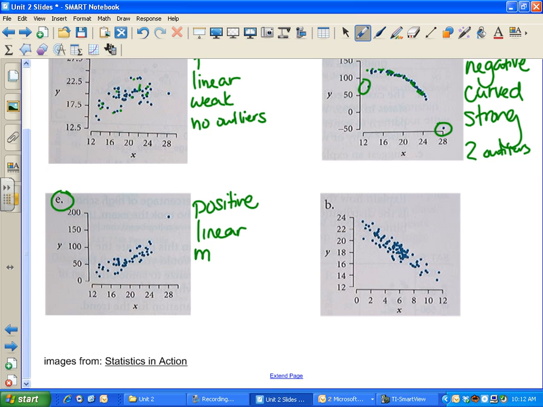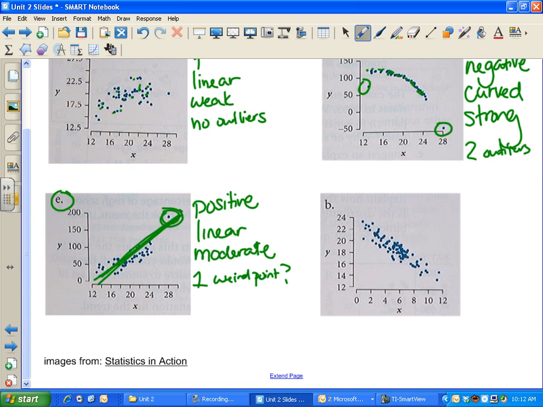So I might call it this kind of middle word, moderate. And I do see that there's one dot. I mean, it's kind of following that line, but it's way far away. So one weird point, maybe. Again, I'm not entirely sure because it is following that line pattern, but it's way far away from the rest. So that's why I just put the question mark.